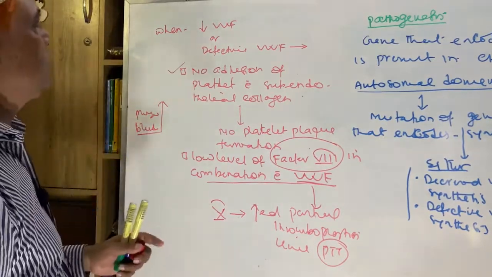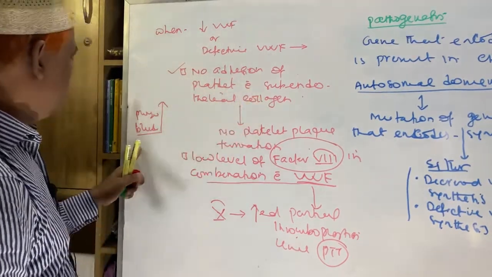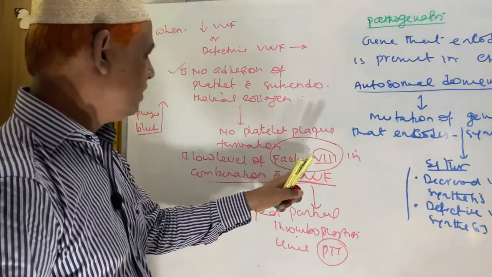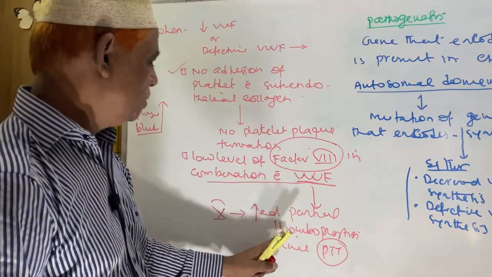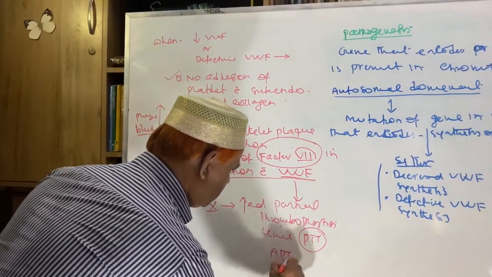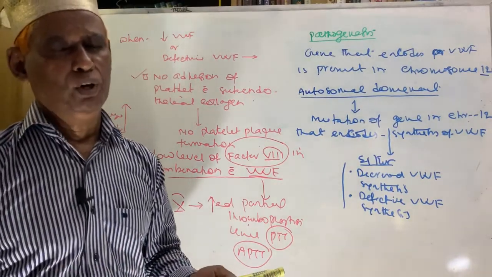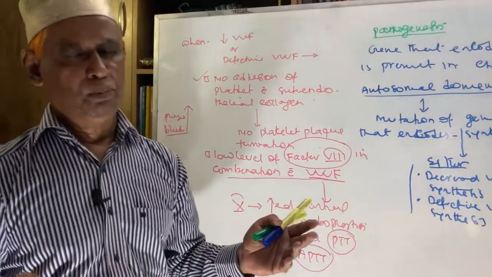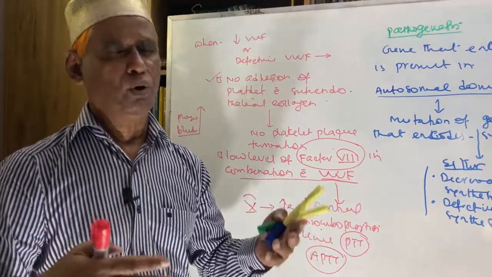So due to deficiency or defective von Willebrand factor, as there is no addition of platelet, there is prolonged hemorrhage. And as there is low level of factor 8 in combination with von Willebrand factor, there is increased PTT, ultimately increased APTT. Again we recall, due to low level or defective von Willebrand factor, there is no addition of platelet, so there is no arrest of bleeding, so there is prolonged bleeding, prolonged hemorrhage.